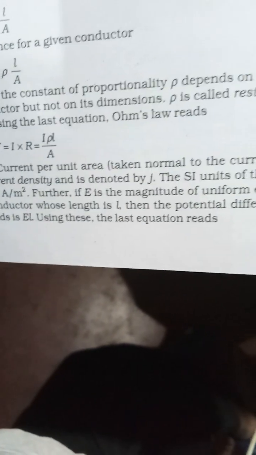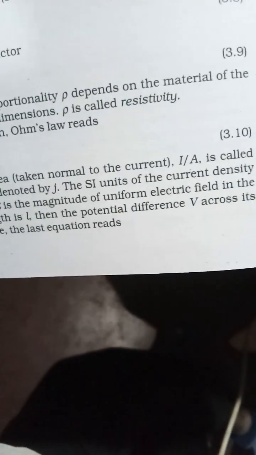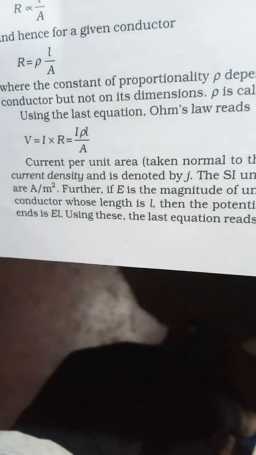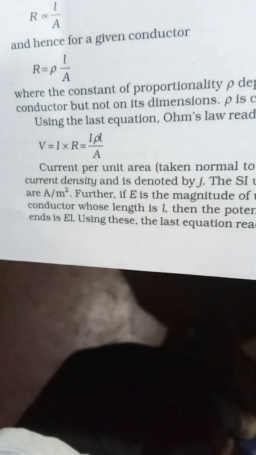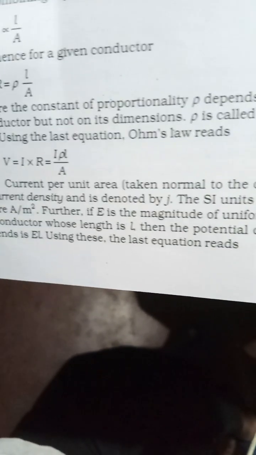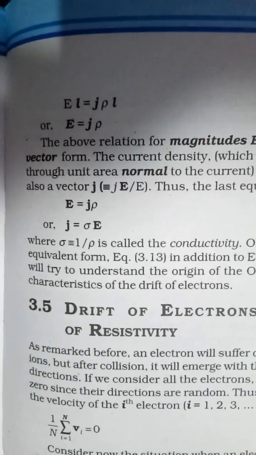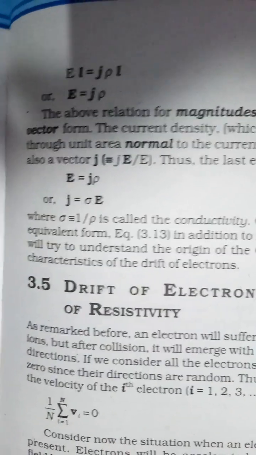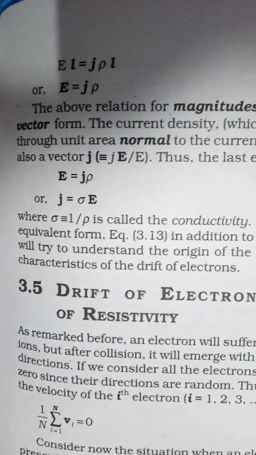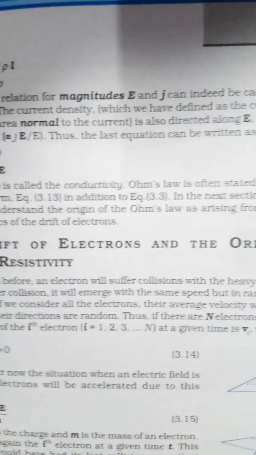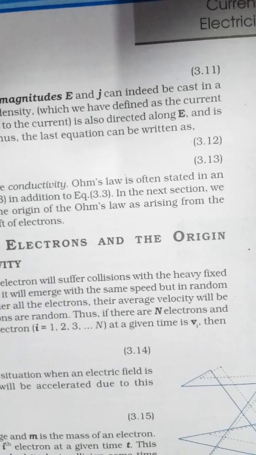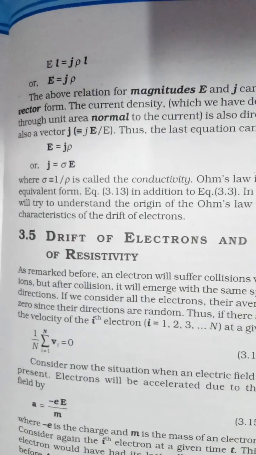Further, if E is the magnitude of the uniform electric field in the conductor whose length is L, then the potential difference V across its ends is EL. Using these, the last equation reads EL is equal to Jρ L, so E is equal to Jρ. The above relations between the magnitudes E and J can indeed be written in vector form.